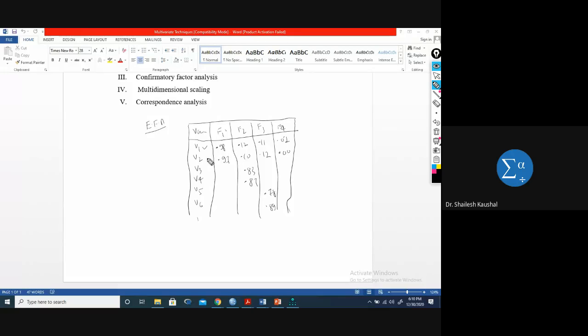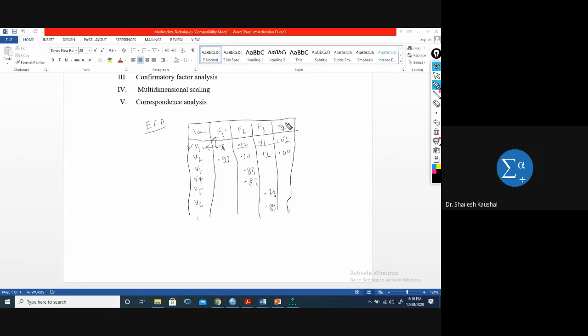So in EFA, this particular variable v1 is highly related with the f1 factor and less related with the other factors, f2, f3, f4.